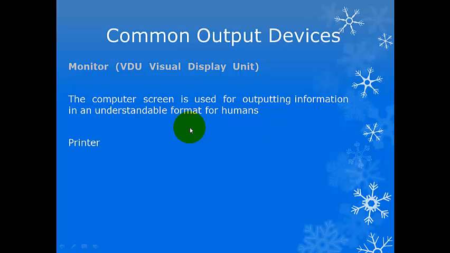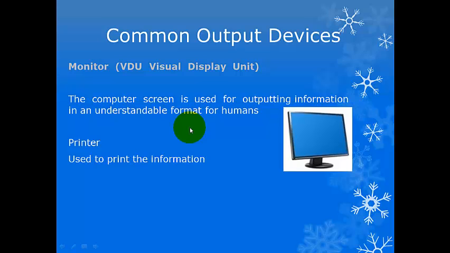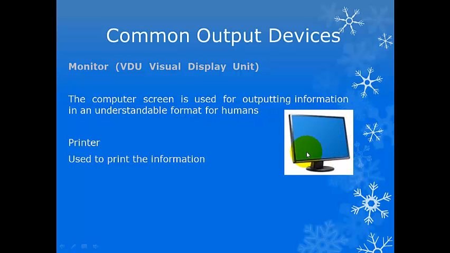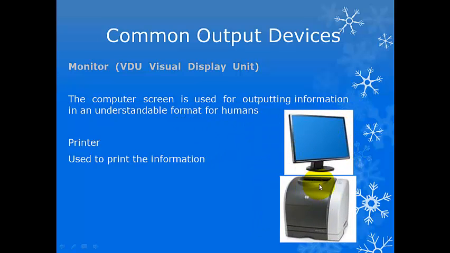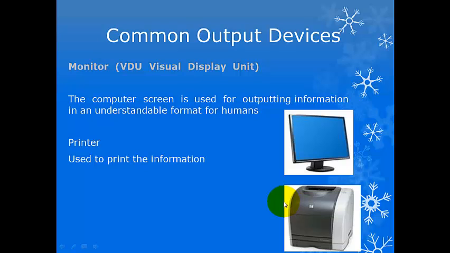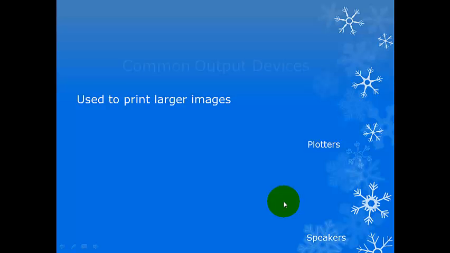Whenever humans want to see a visual display, we use a monitor. A printer is used to print the information. Whenever you want to see the output in the form of a document, we use a printer.